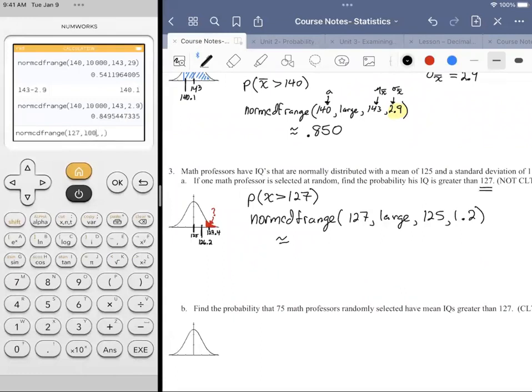I'll go to 1,000. Contextually, if we're talking about IQs here, if 120 is already unusually high, 1,000 is going to be nowhere near possible. So we have this number 0.0478.